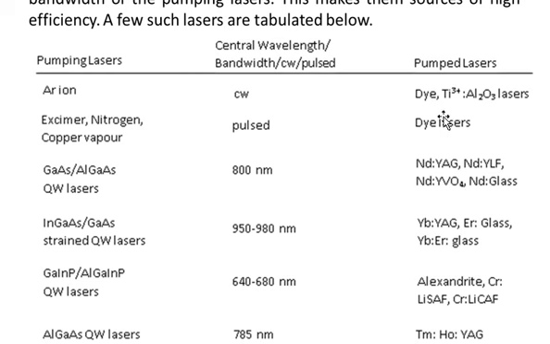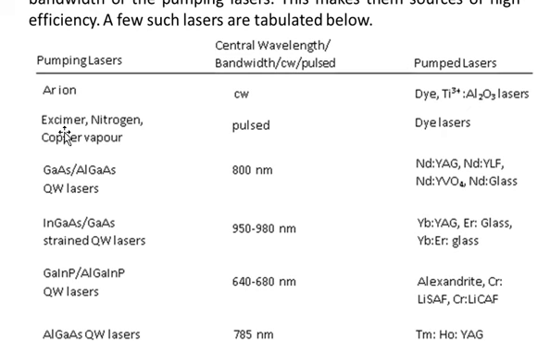The titanium sapphire laser has titanium plus 3 ions doped in Al2O3. So argon is basically used to pump dye lasers, or it can also be used to pump the titanium sapphire laser.